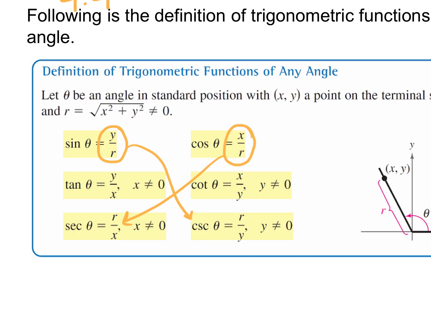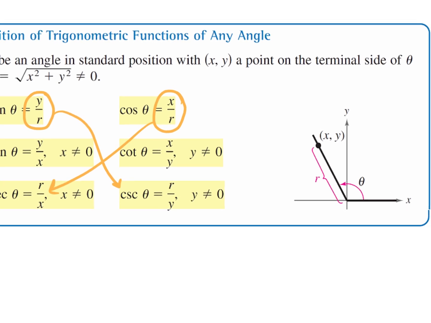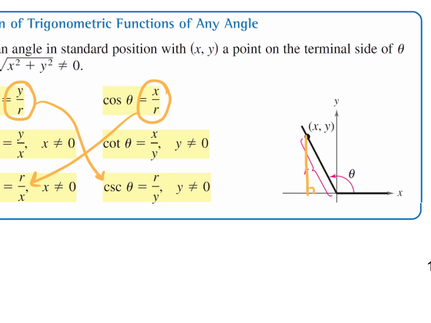Now, we're going to be given a point, which is going to be our x and our y, but we can still think about it as a triangle. So we can draw our triangle by dropping our point towards the x-axis. We always drop it towards the horizontal axis here. So we've got our right triangle.